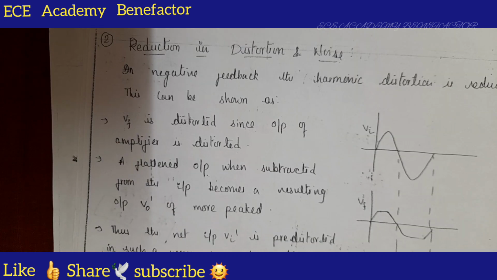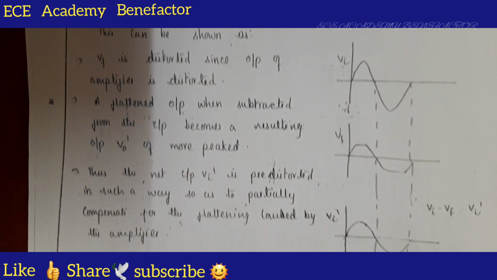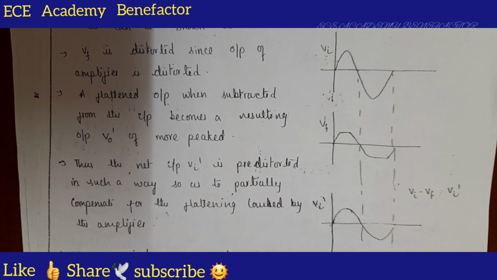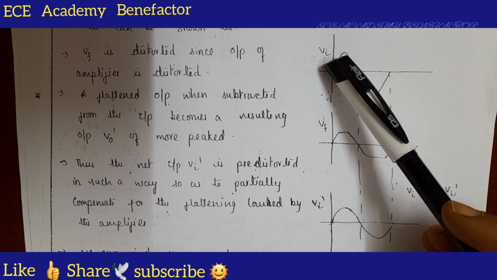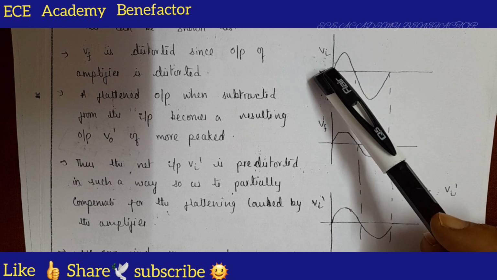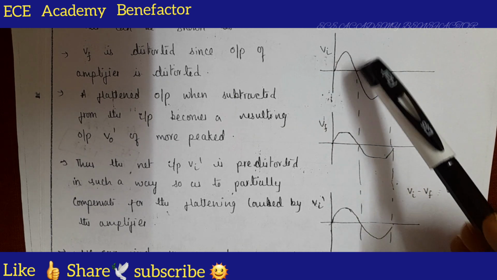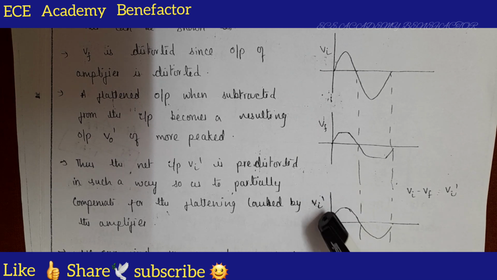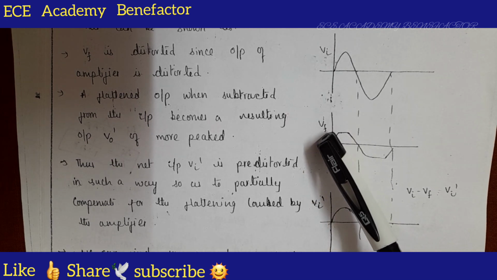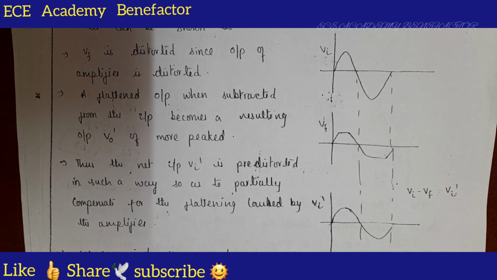Reduction in distortion. It will be very easy to understand graphically. Let us see these three graphs. So now we have understood what is Vi. Vi is the incoming signal to the negative feedback amplifier, and Vf is the feedback signal, and Vi dash is the difference of Vi minus Vf, that is the output of the mixer circuit at the input part. We have seen this diagram.